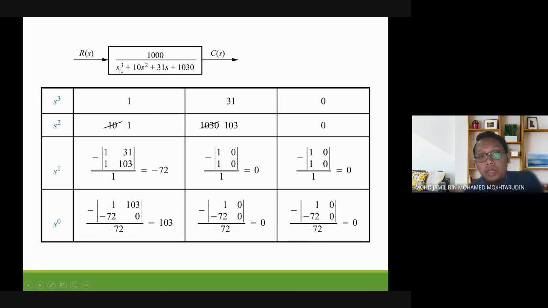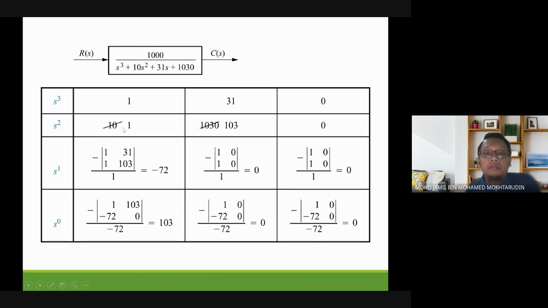And then you fill the first two rows, which is row S3 and S2, with the coefficients of the denominator. So here 1, so you put 1 here. 10, so you put 10. So ignore the slash here first.